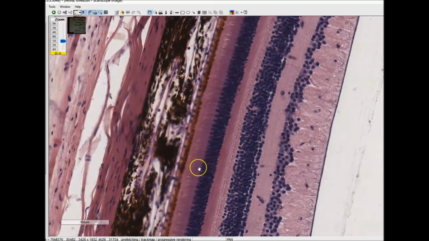Then right about here, it's not incredibly clear in this particular image, you have what's called the outer limiting membrane. Then you have the rod outer segments, rod and cones, and all of that is called the neural retina. The last layer, which is this thin one here, is the retinal pigment epithelium, and that's the final and outermost layer of what's called retina.